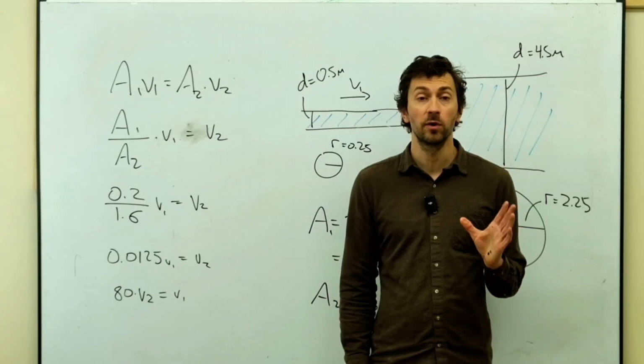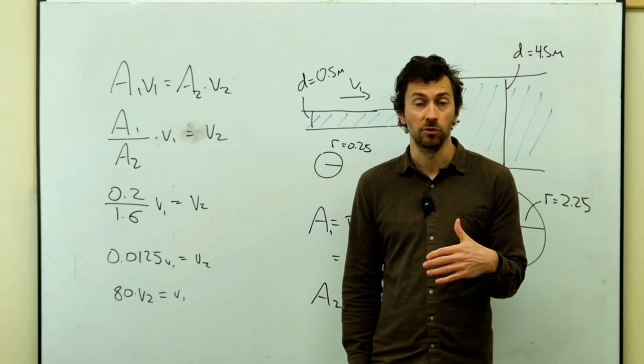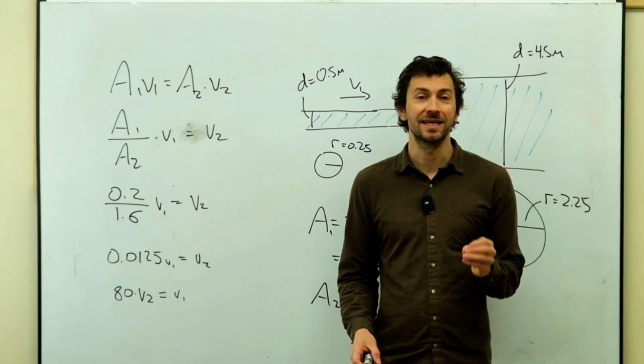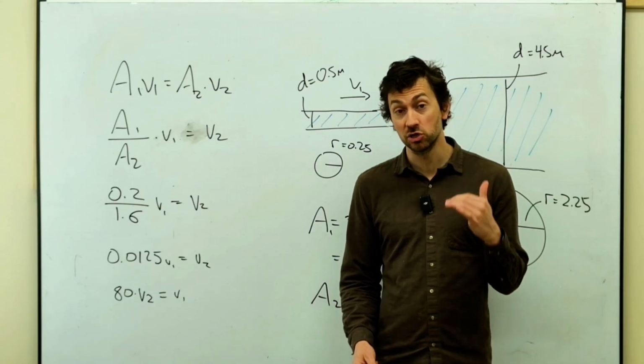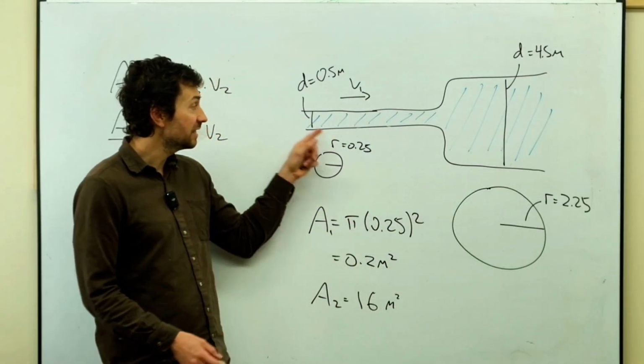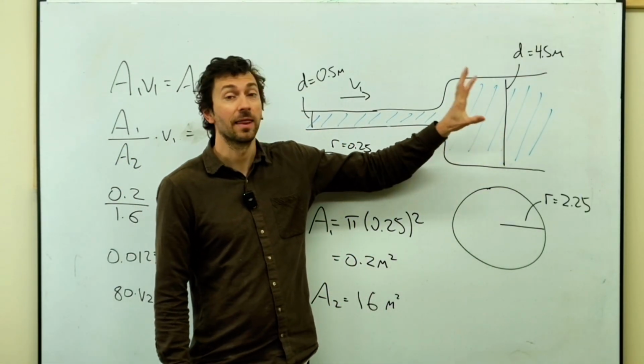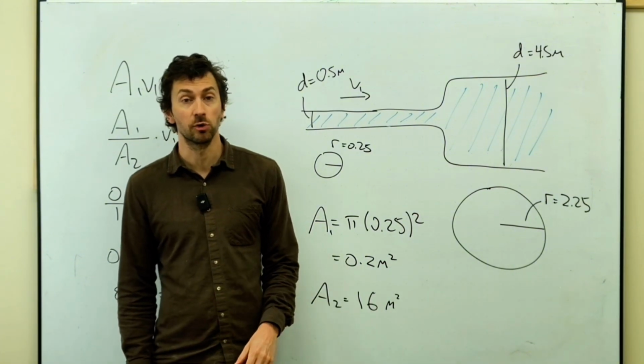So I get 0.125 times V1 is equal to V2. Or if I put it on the other side, it's saying that it's 80 times slower than V1. So the velocity here is going to be 80 times faster than the velocity here. And that's going to be 80 times slower.